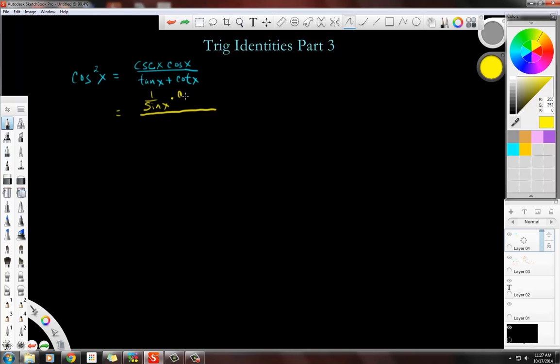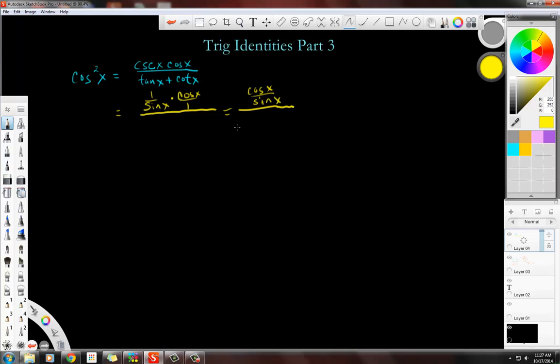So that doesn't look like cosine. Cosine, that's not much better, of x. So I'll put that over 1 so that you know that that's going to turn into, on the next line, cosine x over sine x. Okay, I went ahead and went to the next step there, but that's just on top.